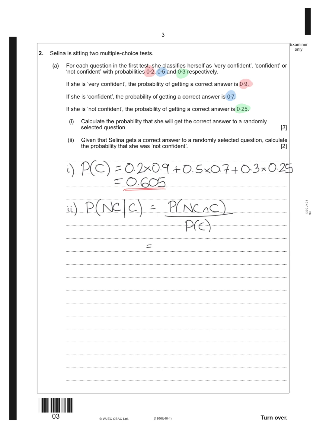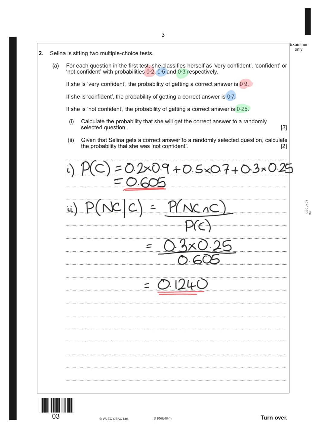The probability of her not being confident and getting it correct is 0.3 times 0.25, and the probability she gets it correct is 0.605. And again, I type that into my calculator and I get 0.1240. And there's my answers for the first two parts, so nice 5 marks there.